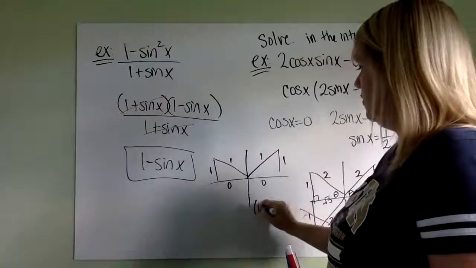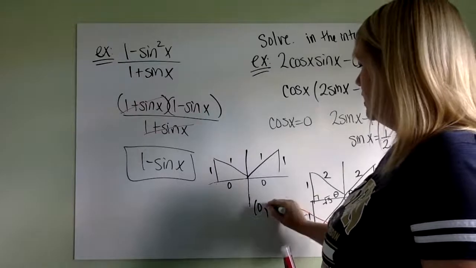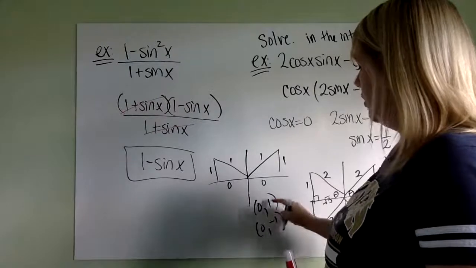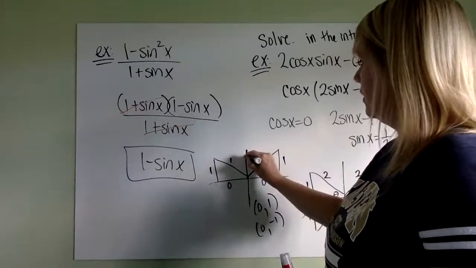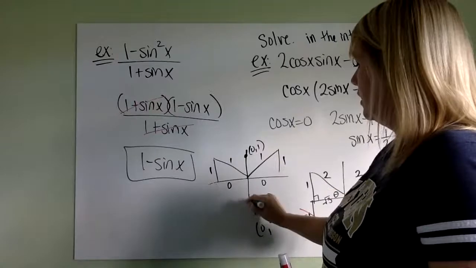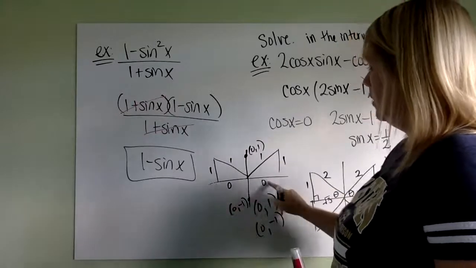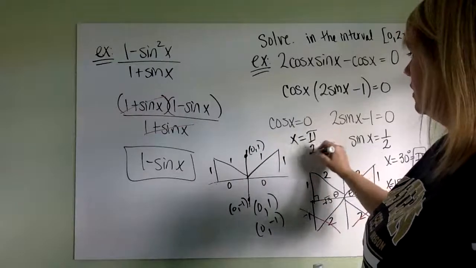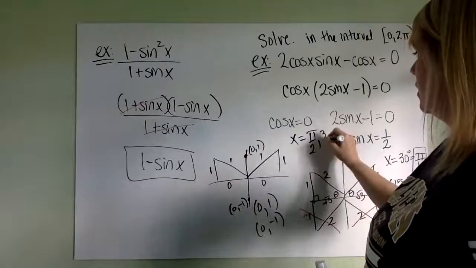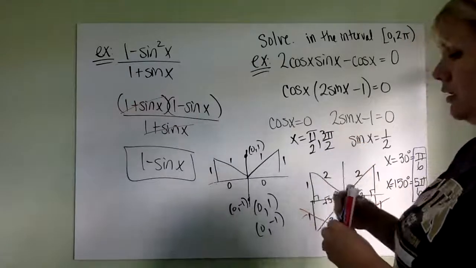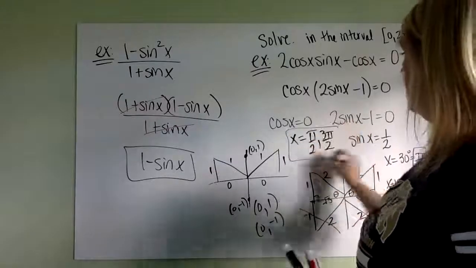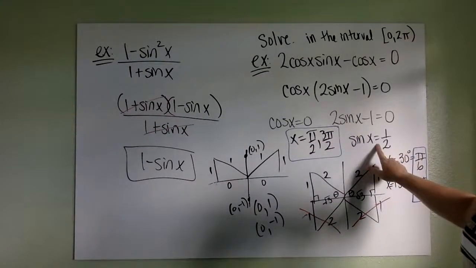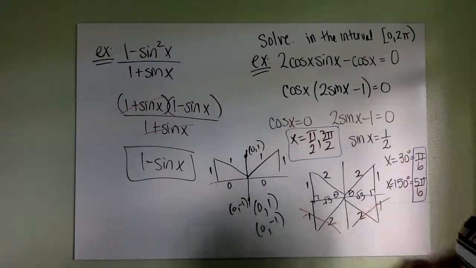So x is 0 and y is 1, or x is 0 and y is -1. Those are the 2 points, one up here and one down here. So my x would be 90 degrees and 270. For this particular problem, we have 4 answers. 2 for this part of the equation, 2 for that part of the equation.